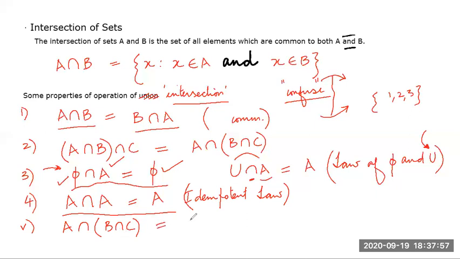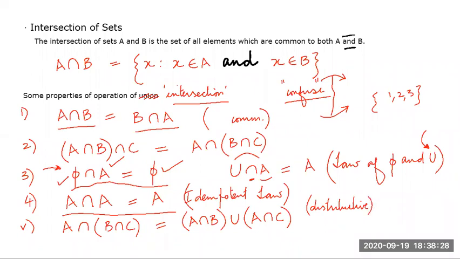Oh, yes. This is equal to A intersection B union what? A intersection C. So what is that? This is which property? This is the distributive property, right? This is the distributive property.